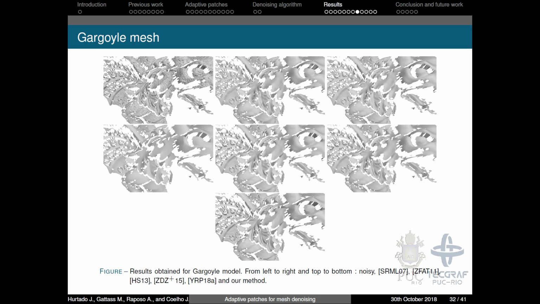Using real data obtained from 3D scanning, we can see that the first one is the noisy mesh and the others are the results. The last one is our result. We can see that we preserve some patterns of the original mesh.